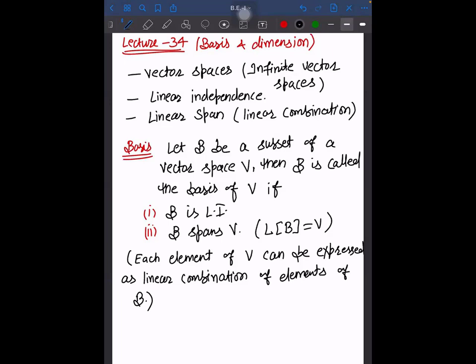So now this is just a definition, and we'll understand with the help of geometry and with the help of examples how basis works and why basis is the important stuff for us, right?